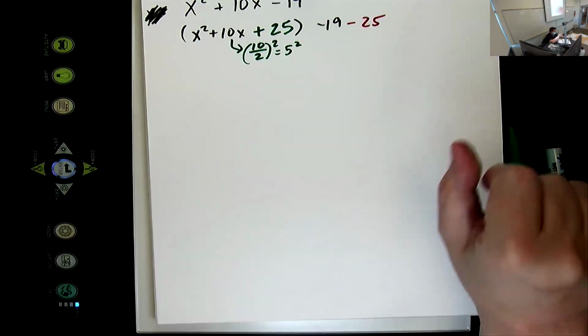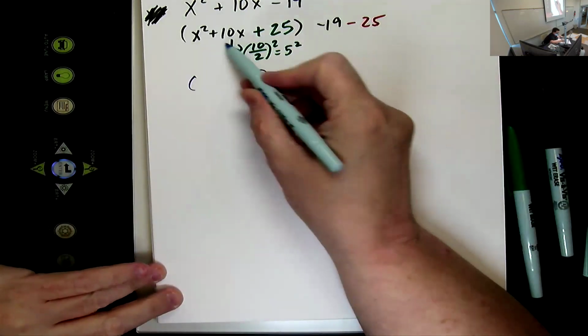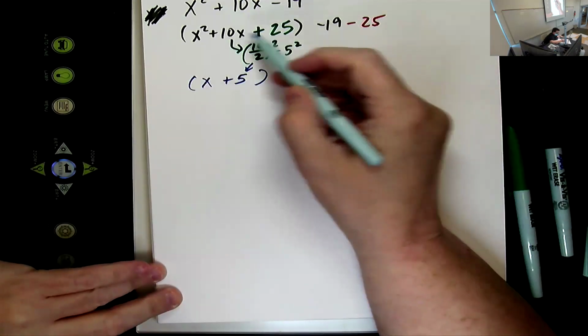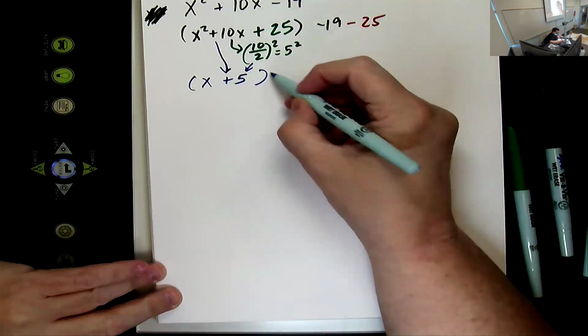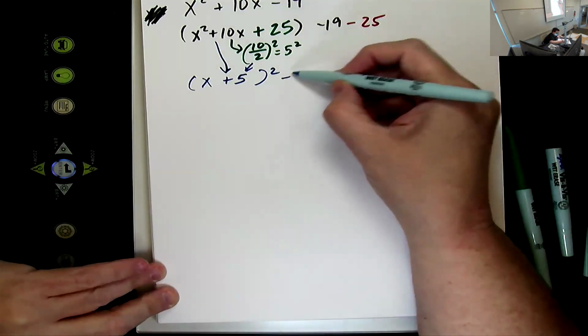At that point, whatever we had here and its sign just falls down in parentheses. You do a 44. And 19 minus 25 is negative 44.